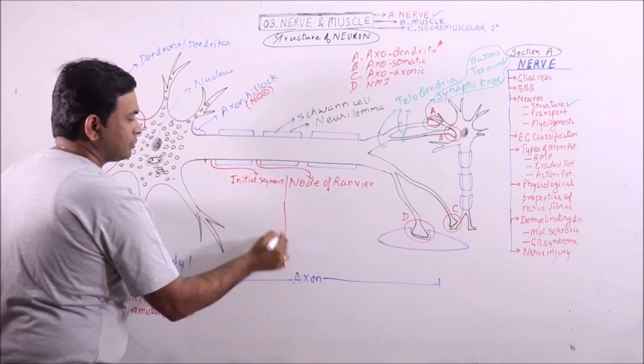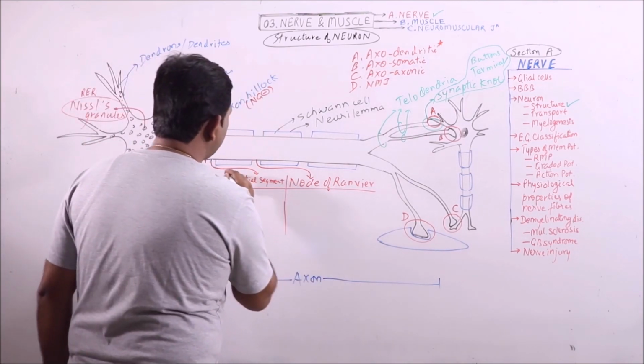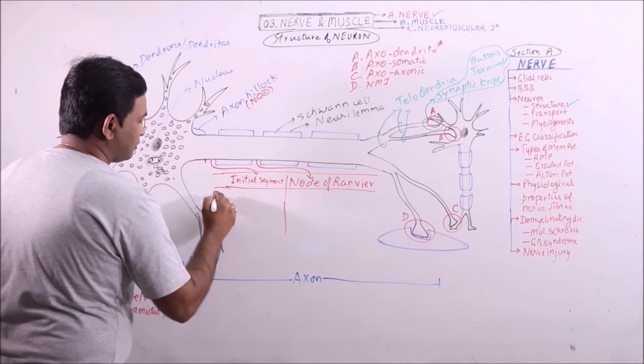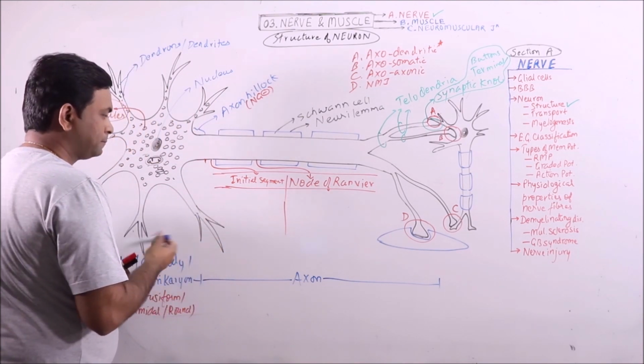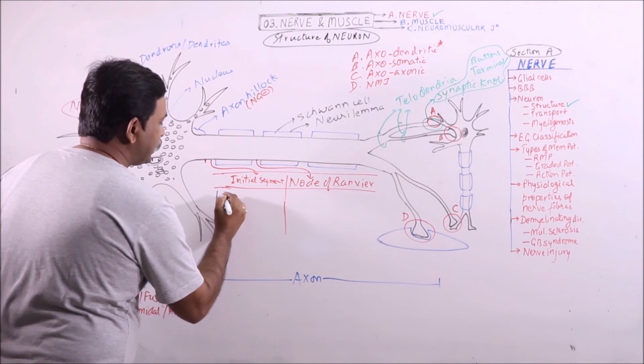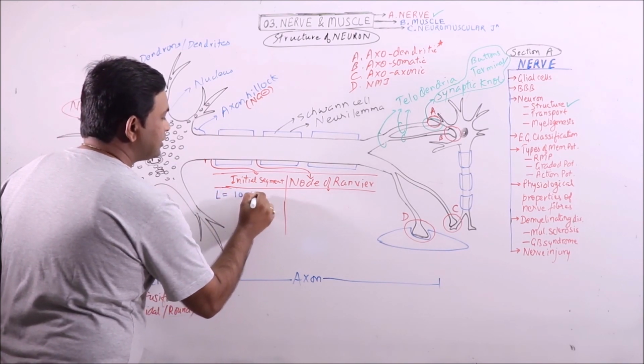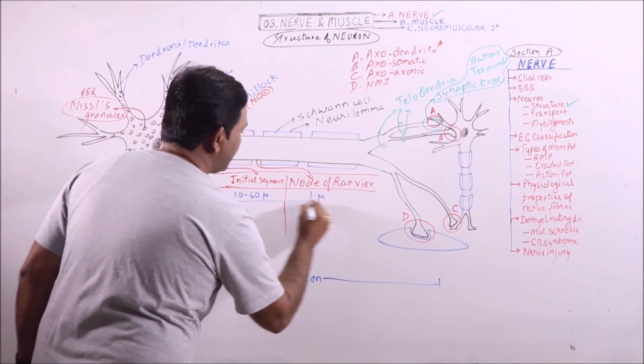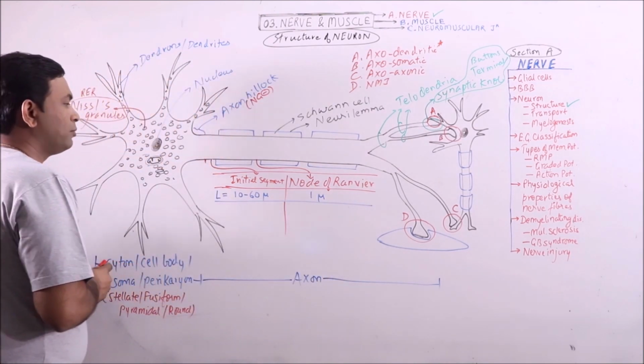Now if we compare the initial segment with node of Ranvier, then length is 10 to 60 microns, while the length of node of Ranvier is 1 micron.